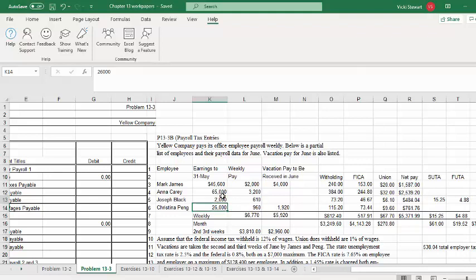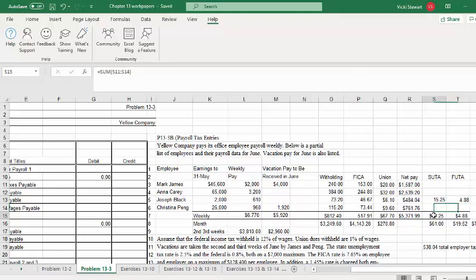So we notice that only the employee, Joseph Black, is still subject to state unemployment tax and federal unemployment tax in June. So to calculate the amounts that the employer will pay, we take the weekly pay that Joseph earns and we multiply that for state unemployment tax by 2.5% or 0.025, and for federal unemployment tax we multiply it by 0.8% or 0.008.